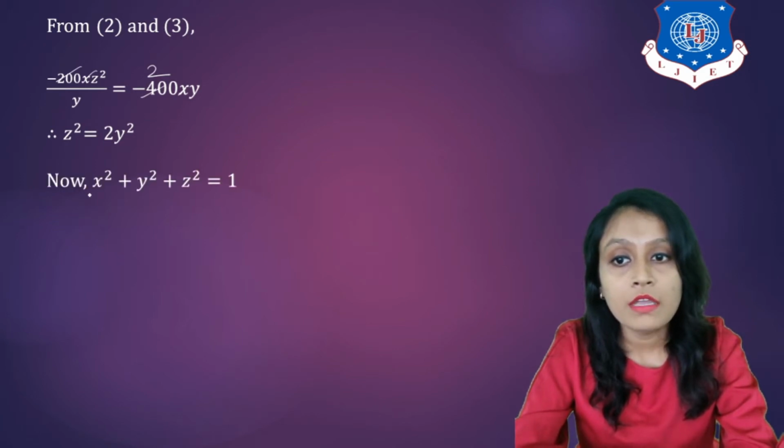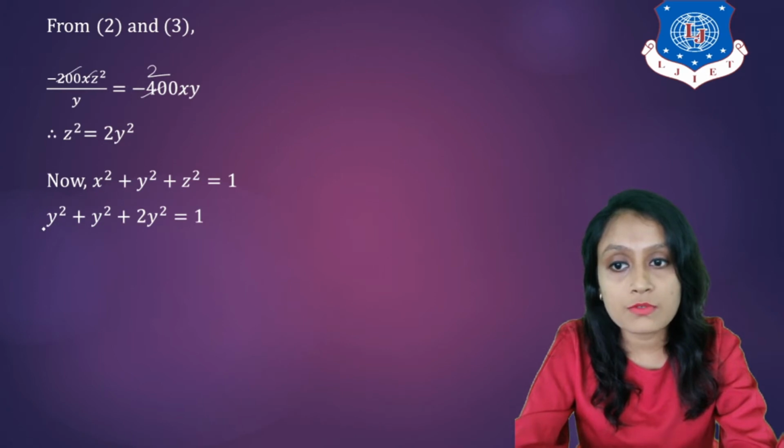Okay, now we have this constraint, that is x square plus y square plus z square is equal to 1. So now substitute the value of x square. X square is y square. So in place of x square, y square as it is, and in place of z square we have to write 2y square equal to 1. Simplify, so you will get 4y square is equal to 1.